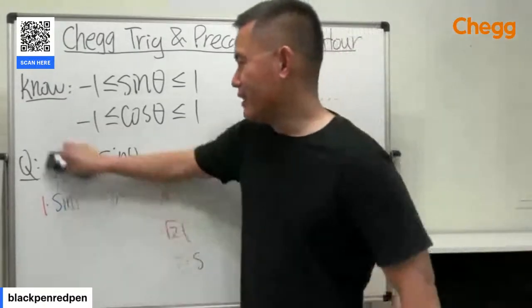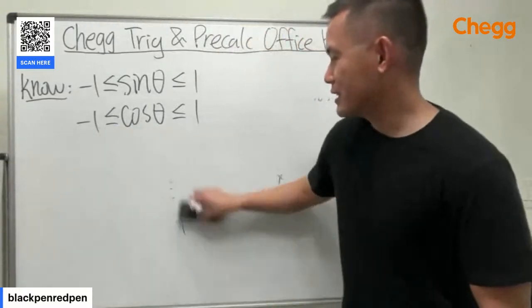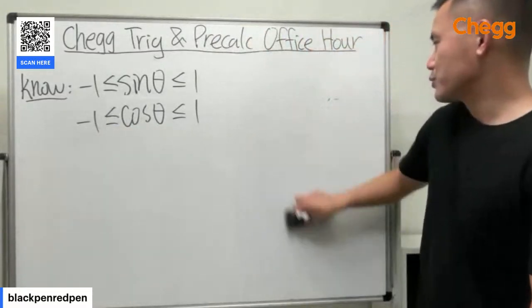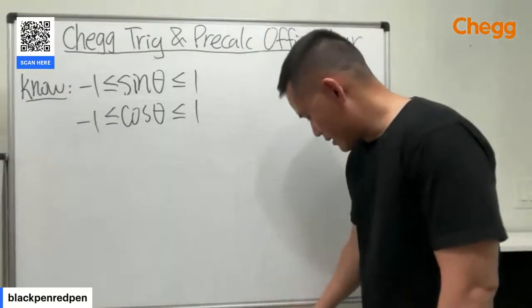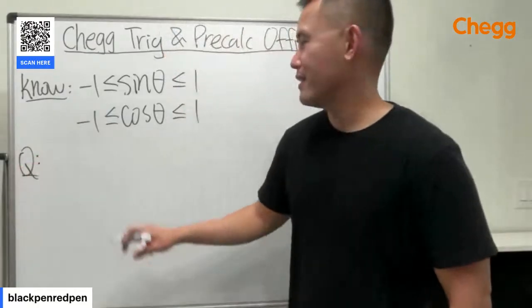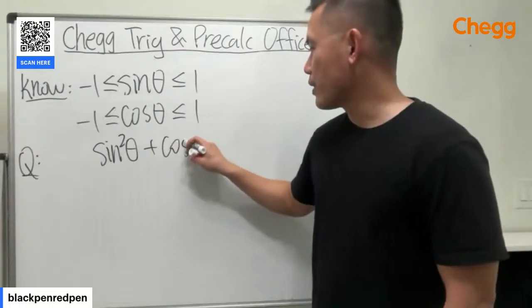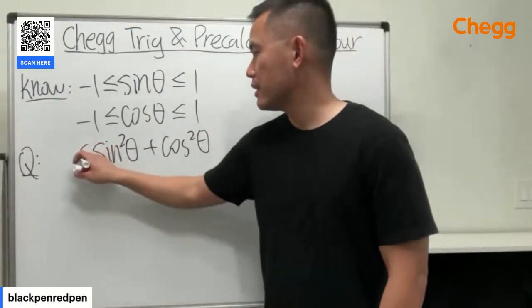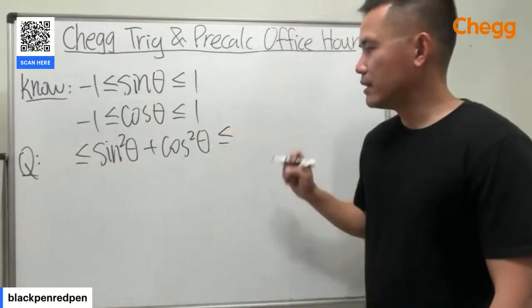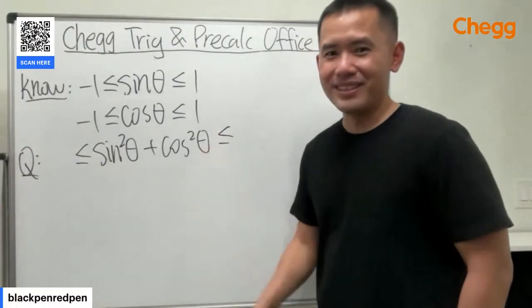All right, seriously, there are a lot more things that we can talk about with the range for the trig functions. Perhaps let's try to do 2 more before we go today though. How about this right here? Ready? How about if I do sine squared theta plus cosine squared theta? How about this one?